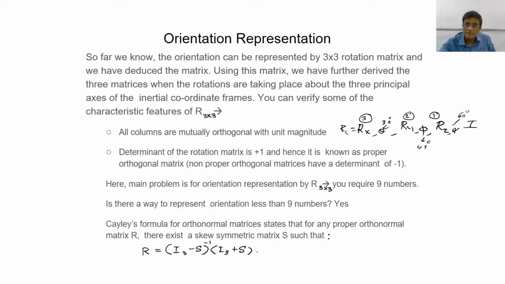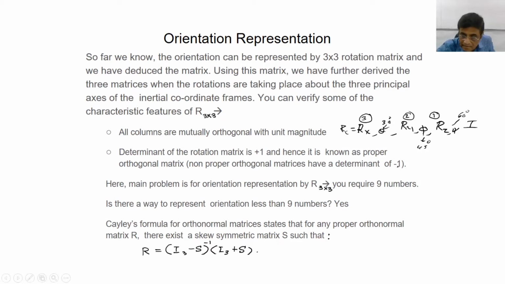So now the matrices are known, just multiply them and you will come across a composite rotation matrix, and you will see that its determinant will be +1. It shows that the rotation matrix is actually a proper orthonormal matrix. For a non-proper orthonormal matrix, the determinant of that rotation matrix will be -1.